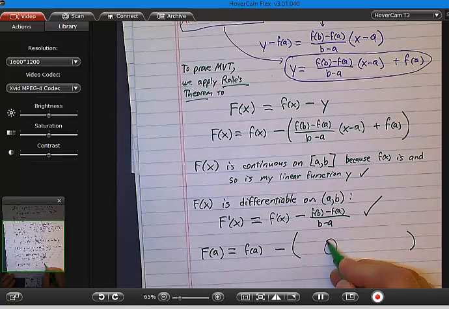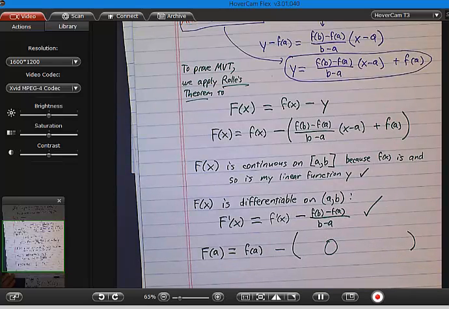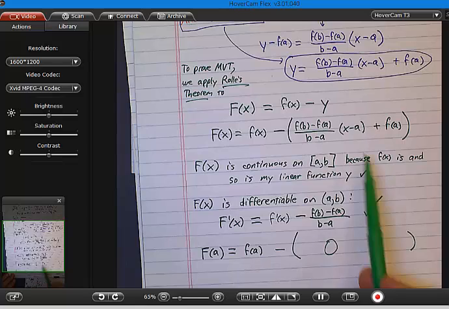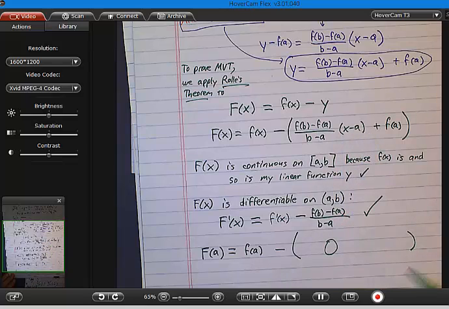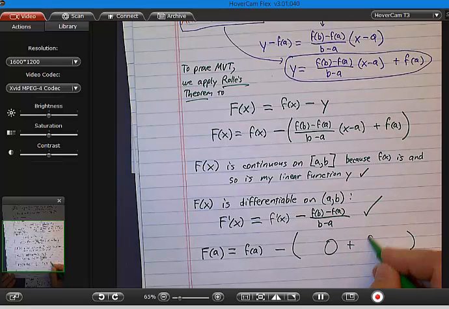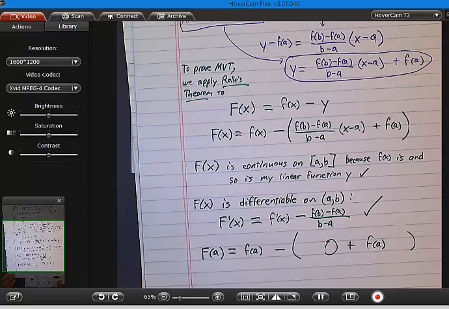Isn't that a big zero there? Right? Why? Because I'm plugging an A in for the x. Are you with me? Plus f of A. Okay, guys, what's big F of A equal to? Which is? 0. Okay, so big F of A is 0.